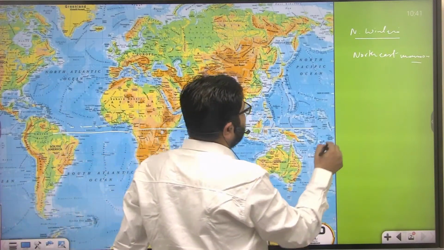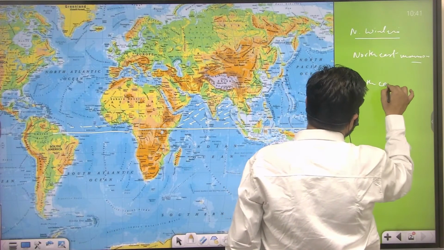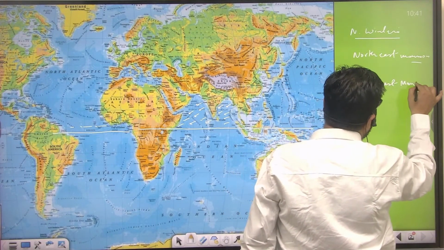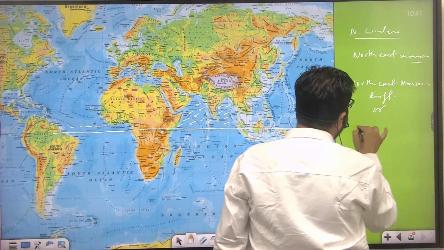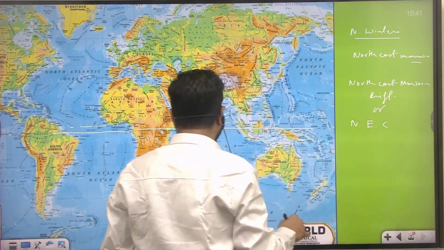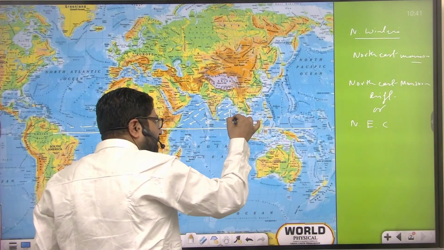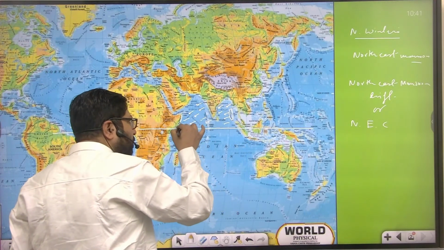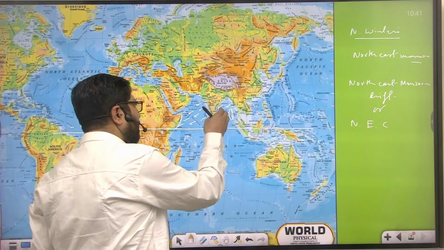This is known as northeast monsoon drift or north equatorial current. Its extent is said to be from Andaman Nicobar Island to Somali coast. North equatorial current extends from Andaman Nicobar to Somali coast.